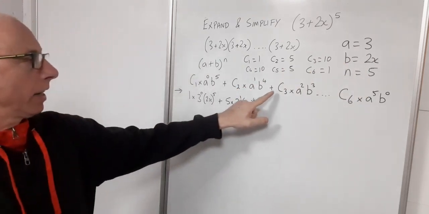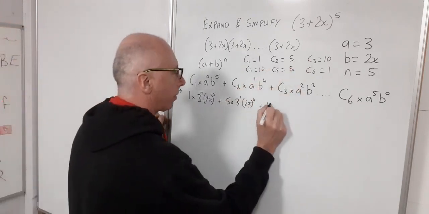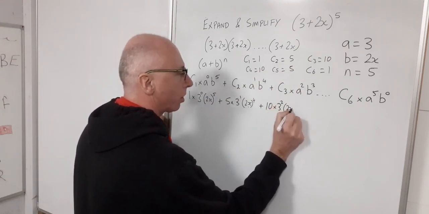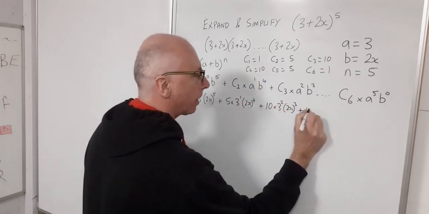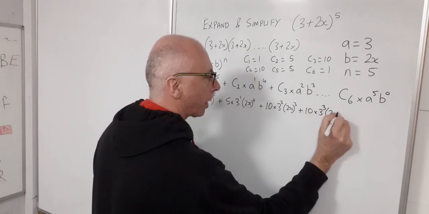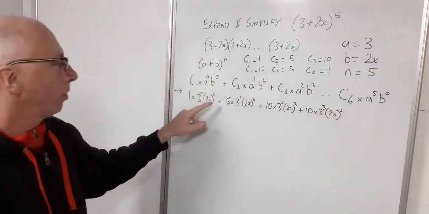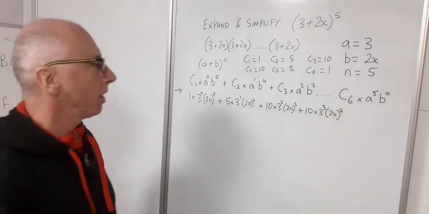And then here I've got my third coefficient, which is 10. So now I've got 10 times 3 to the power of 2, 2x to the power of 3. Fourth coefficient is 10 times 3 to the power of 3, 2x to the power of 2. So notice all these powers of the 2x's are dropping and my powers of 3 are increasing.